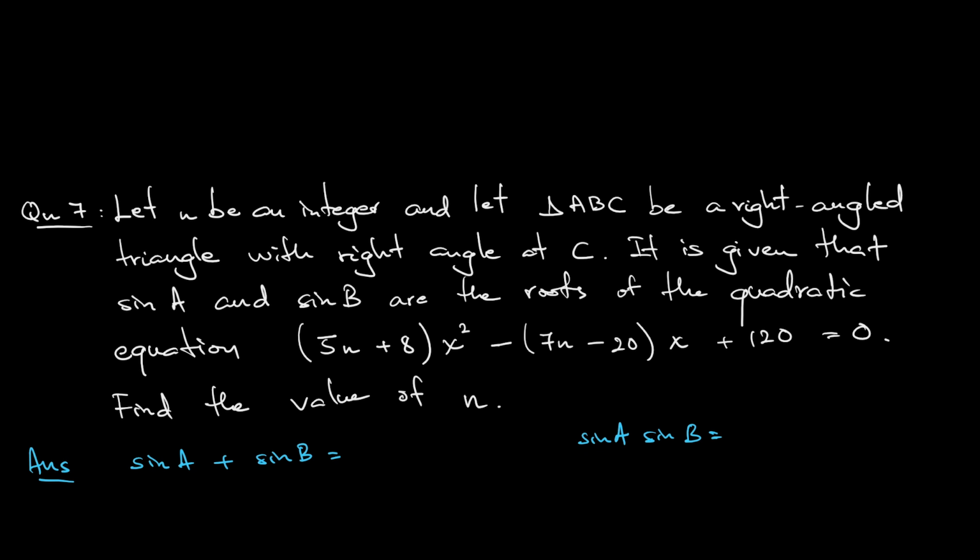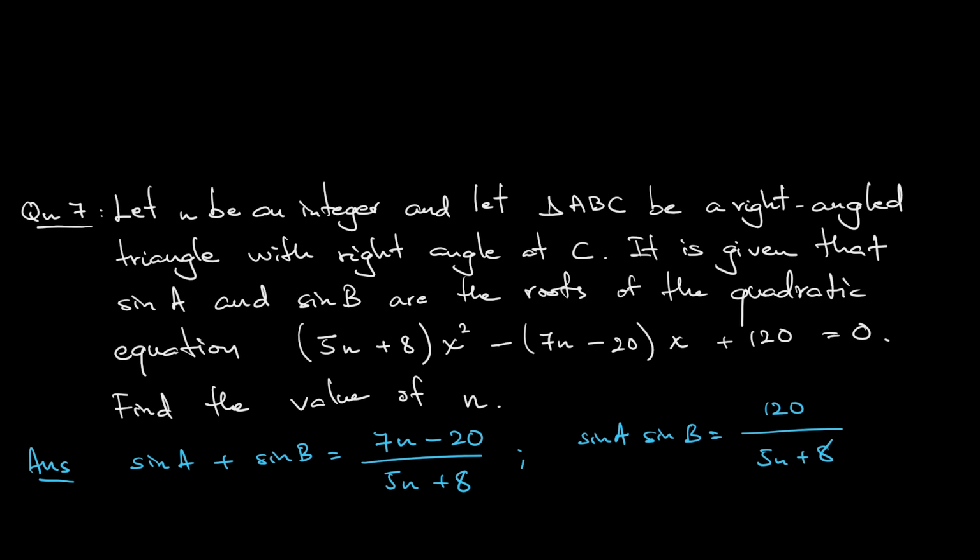So the sum of the roots will be negative b over a. So negative, that will be just this over a, which is the coefficient in front of x squared. Alright, the product will be c over a. So c is 120, and a is the coefficient of x squared.